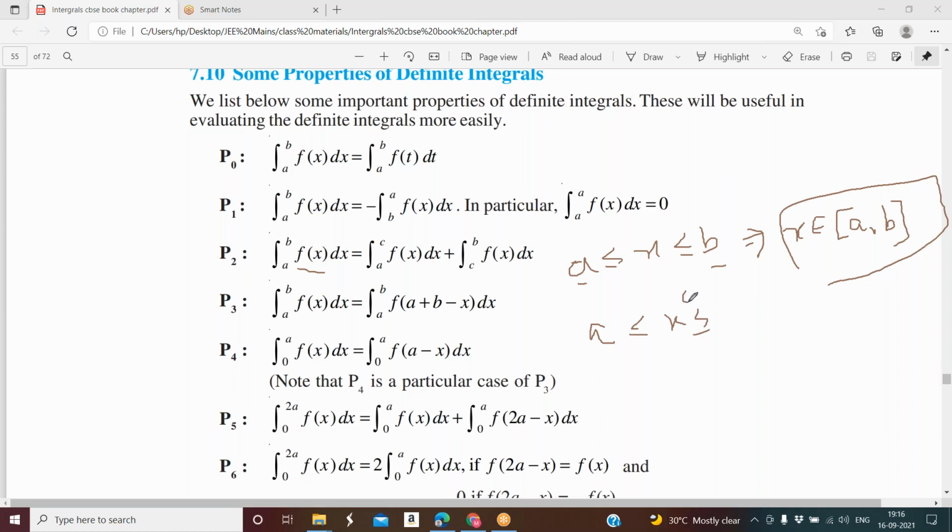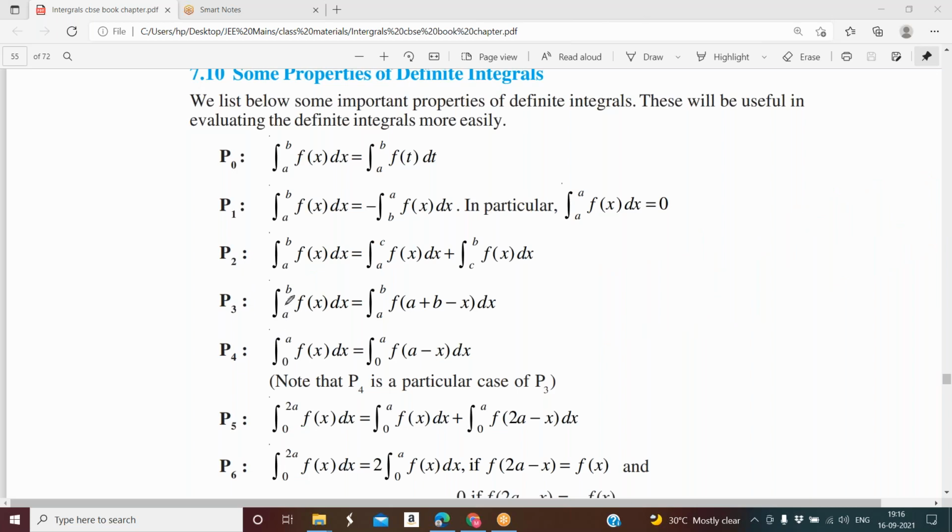If I take any point in between a and b, say c, then I can write integral a to c f of x dx plus integral c to b f of x dx. That is property number 3.